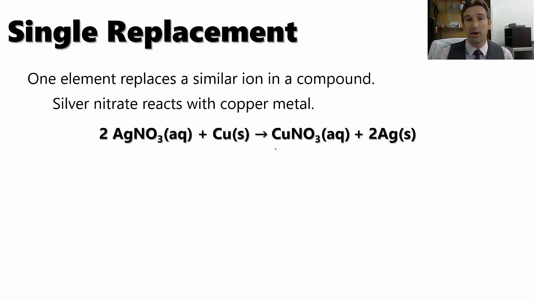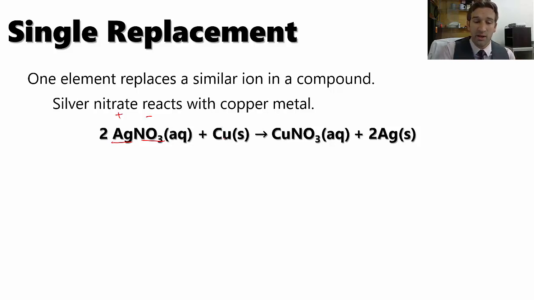Here you see we have our copper nitrate. And when you see copper with nitrate, you know those are paired. You know that this is an ionic substance. So here's our positive and here's our negative ion in this solution. What we'll do is we'll introduce a copper ion, and that copper ion is going to be essentially more reactive. It's more attractive, you could think of it this way, when compared with silver.